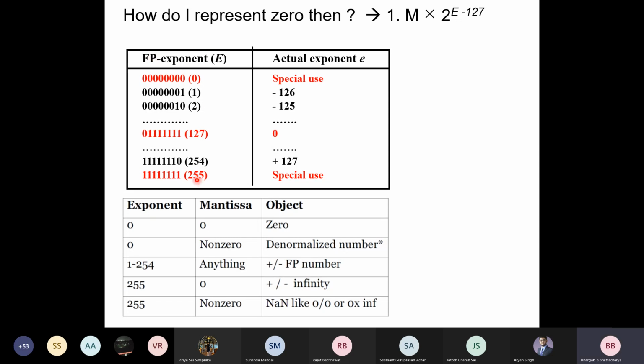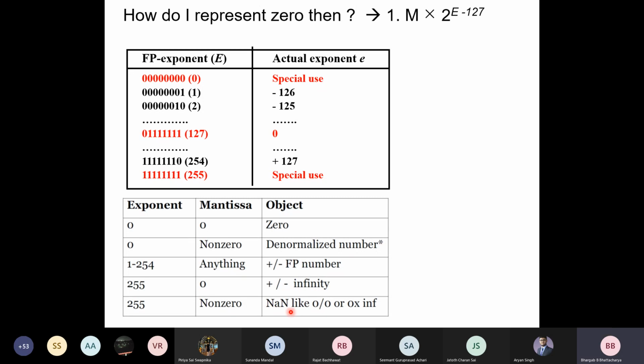If the floating point exponent happens to be 255, this has a special use. If the mantissa is 0, then it would represent plus or minus infinity. That means a very large number, which is not representable here. And if the exponent is 255 and the mantissa is non-zero, anything non-zero, then it is NaN.